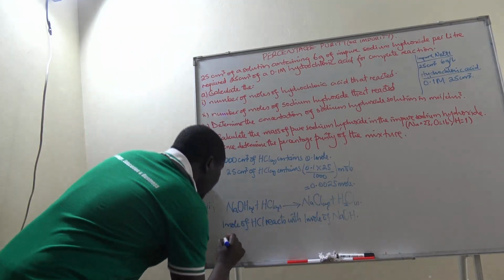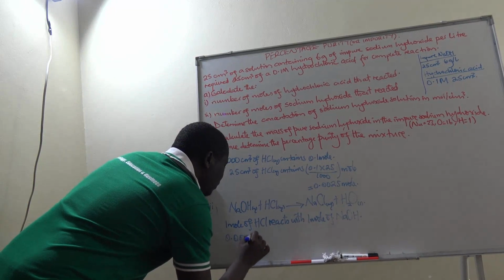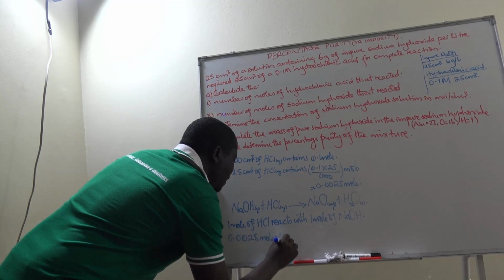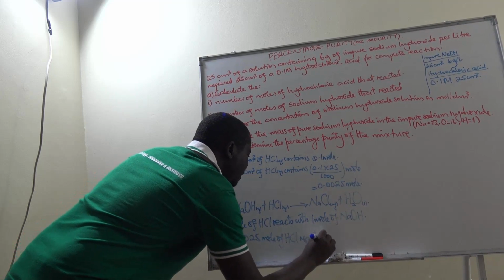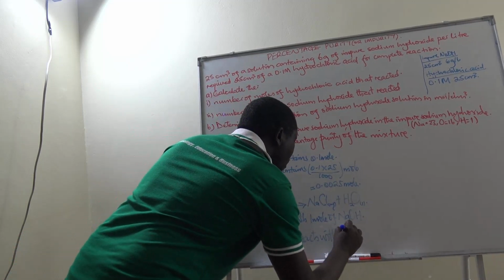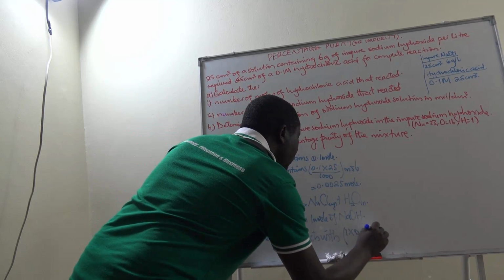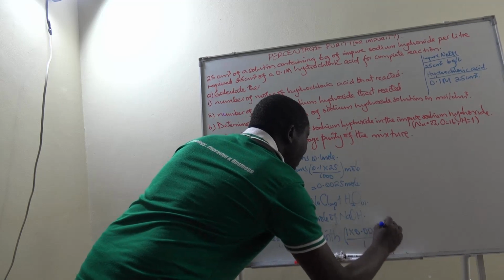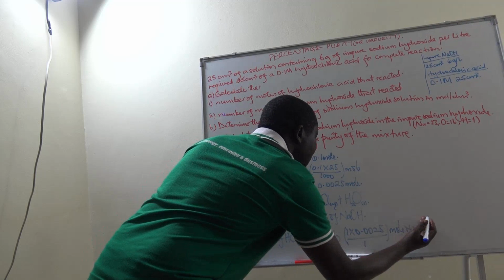Then what of the 0.0025 mole of hydrochloric acid? It reacts with, we cross multiply, it will be 1 times 0.0025 over 1, and the unit is mole of sodium hydroxide.